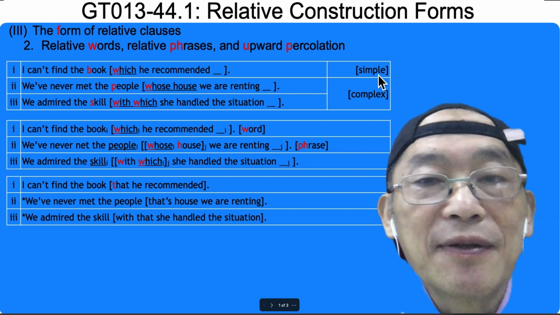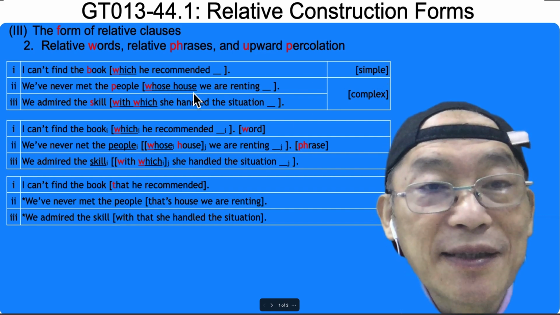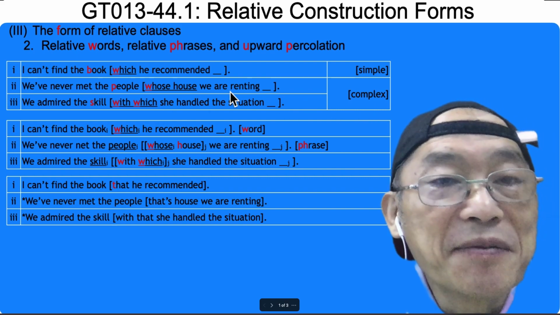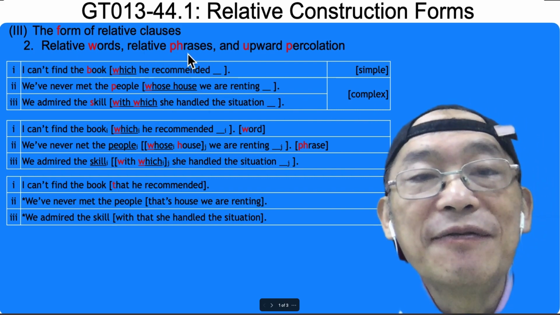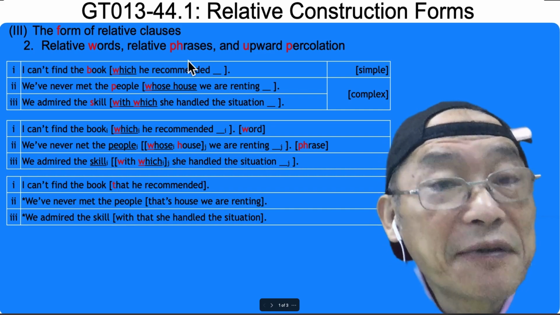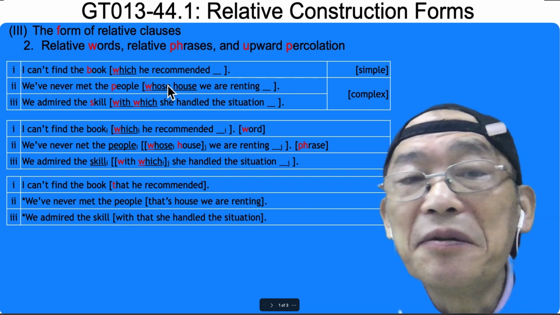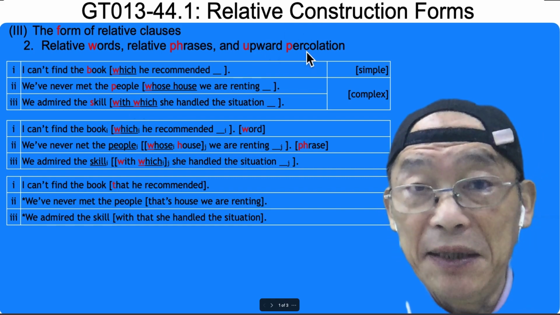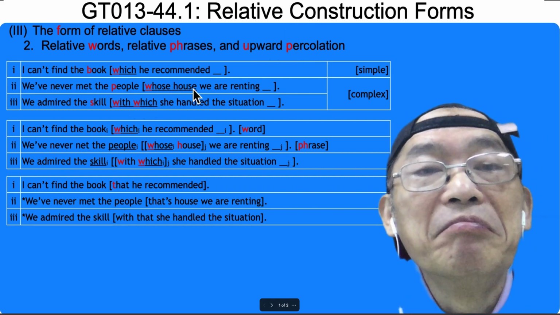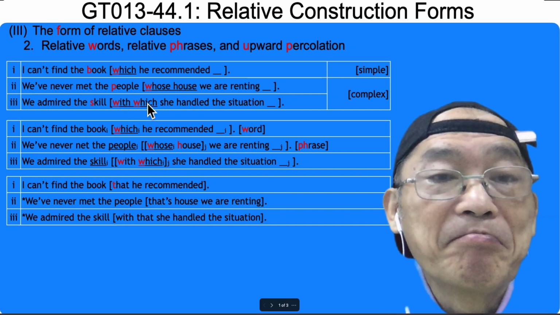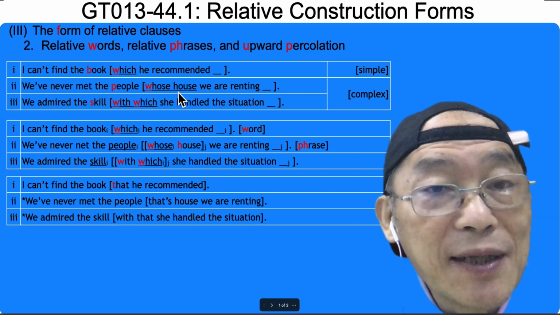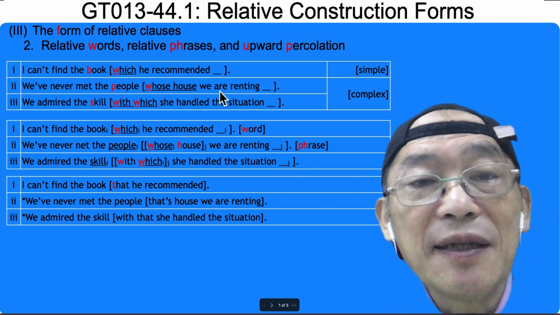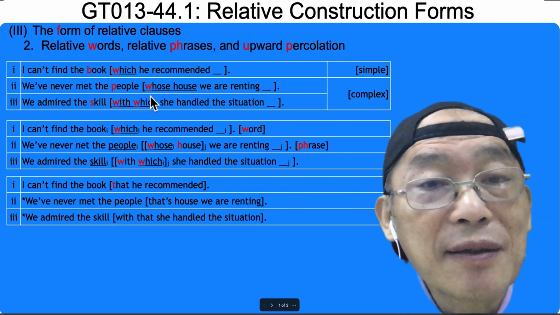A simple form. Okay, this is a phrase. Complex form or relative phrase. This is a relative phrase, and it needs upper percolation to analyze it. After percolation, we can see the whole thing in this subordinate clause.